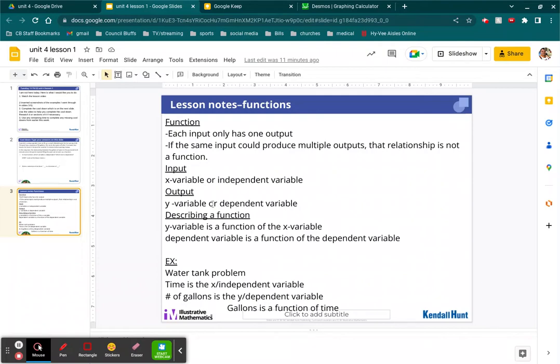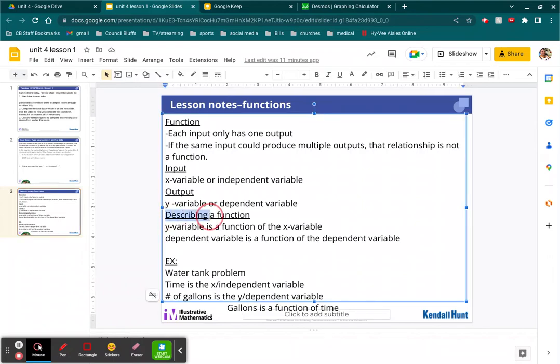The reason we call it the dependent variable is that it depends on how the x variable, or the independent variable, changes. And then we're also going to get into describing a function, and the way we're going to do that is that the y variable is a function of the x variable.